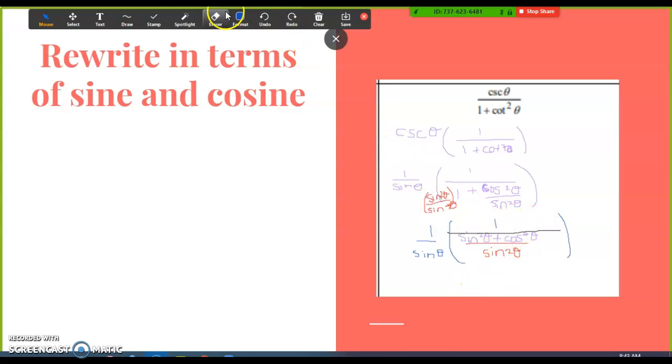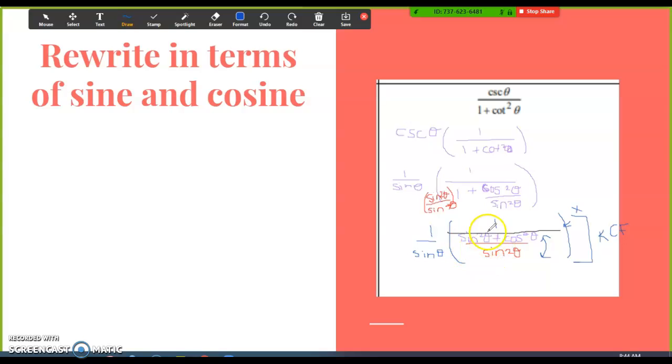Now we're going to divide. We're going to do keep, change, flip. What we're going to do is we're going to keep the numerator the same. We're going to change this division to multiplication, and then we would be flipping the fraction down here. So the sine squared theta in the denominator would move to the top, and this would move to the bottom. Now think about that.